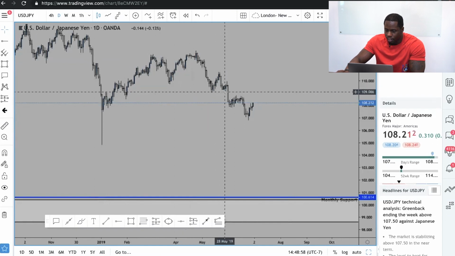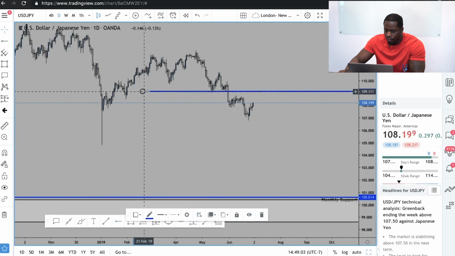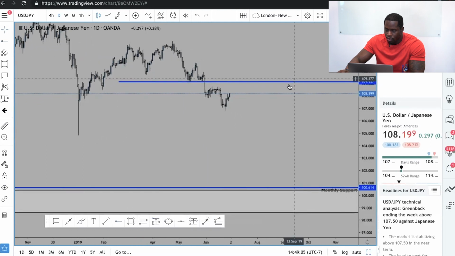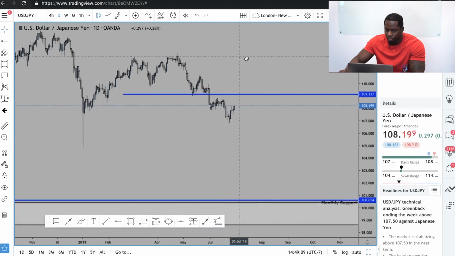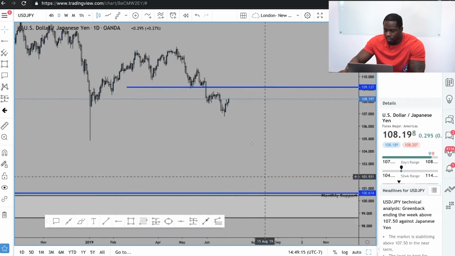This minor support is going to be our new resistance level. So we're looking for the market structure to come up to this price area, right? If it gets rejected, it's coming all the way down to the support.